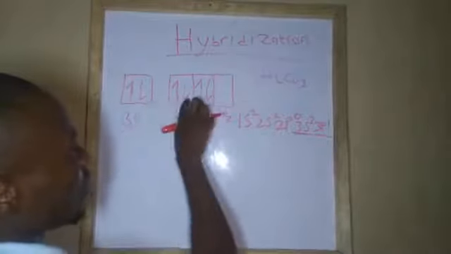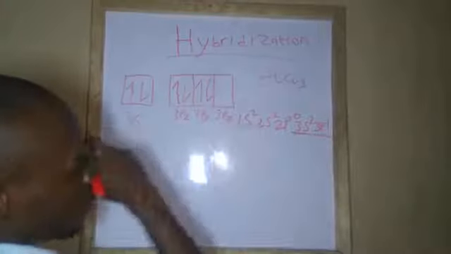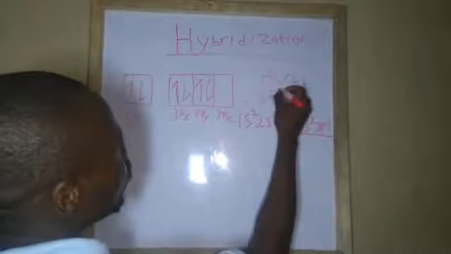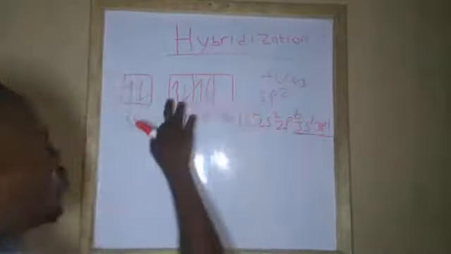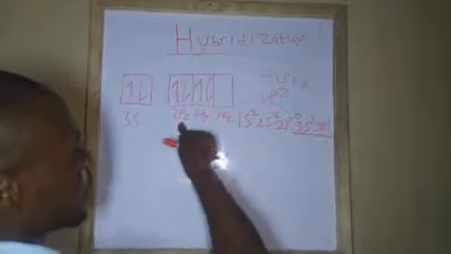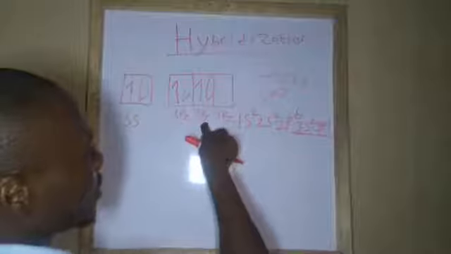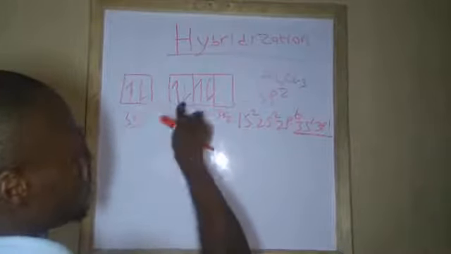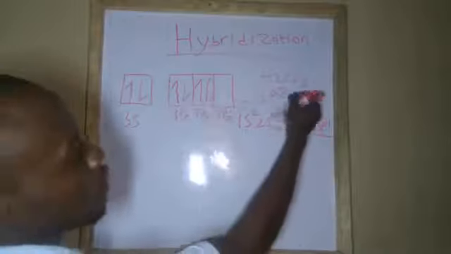So AlCl3 has sp2 hybridization. It affects only the s and these two p orbitals: s is 1, p2 is 2, so sp2 hybridization. So that's that.